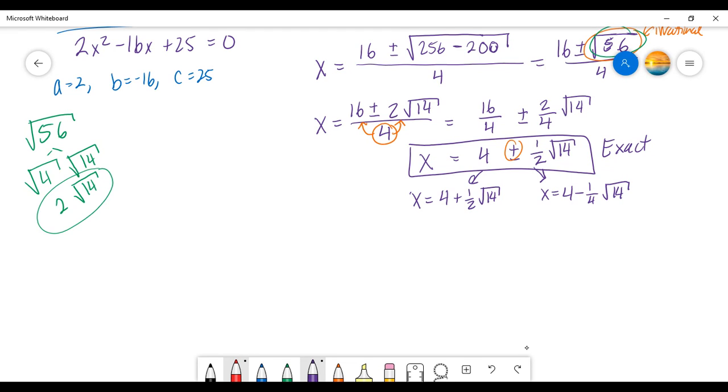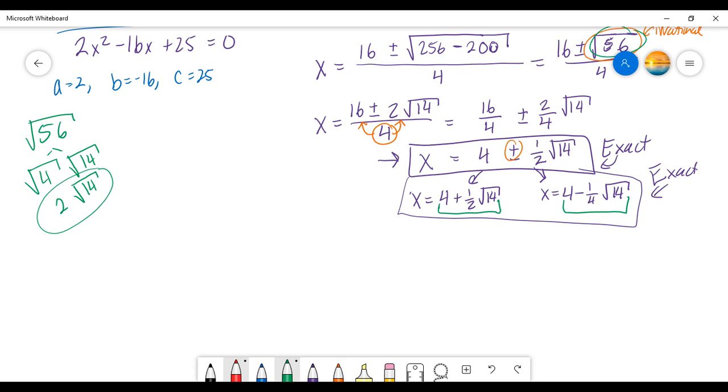Okay, so this answer is completely fine for writing an exact answer, but this is just another way we could write it, an exact way. Now, I think that breaking it up is going to make it easier for us to approximate, because we're approximating two different things. We're approximating this and we're approximating this.